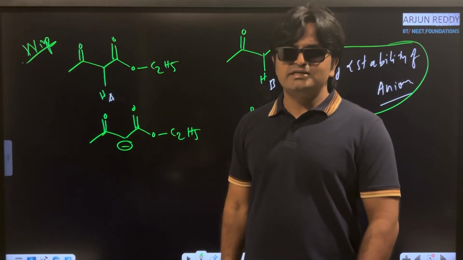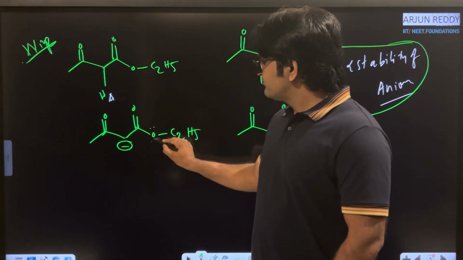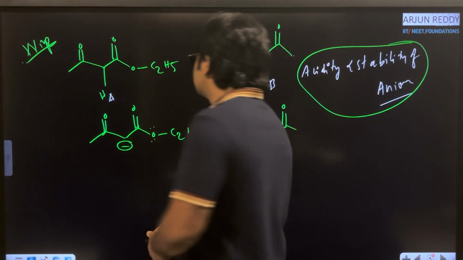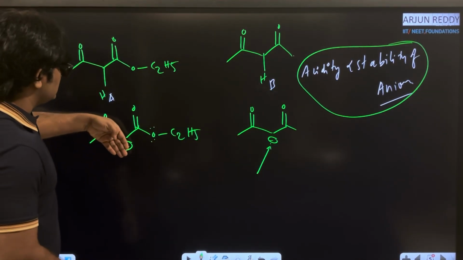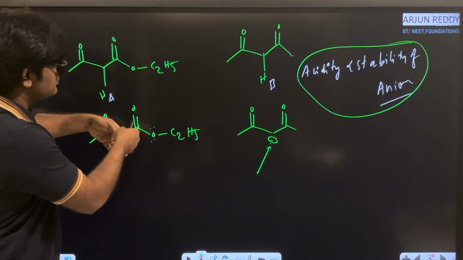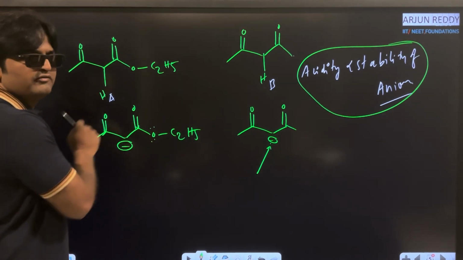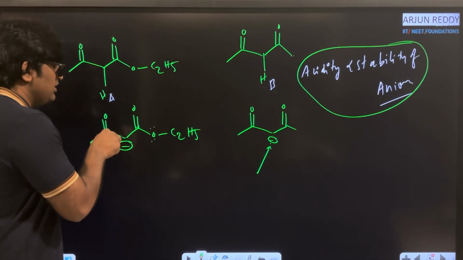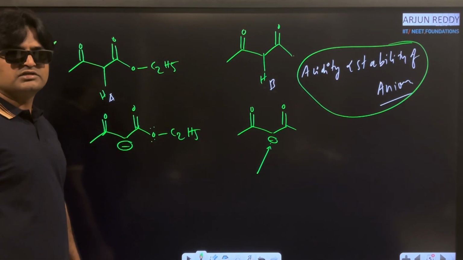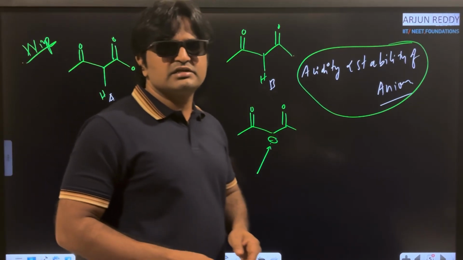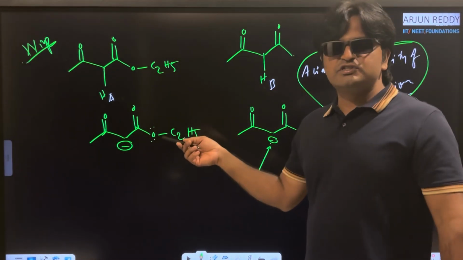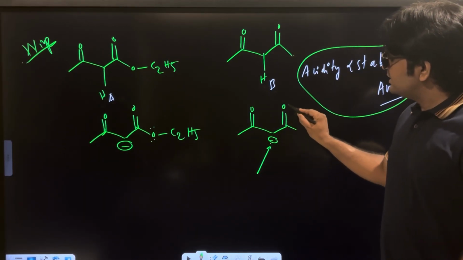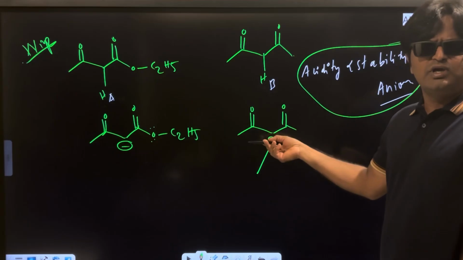But if you ask about the right side carbonyl, here it has 2 lone pairs of electrons. If I close this carbanion, this carbonyl says that I have conjugation with the lone pair of electrons. So where are we expecting greater stability, in the second molecule or in the first molecule? In the second molecule, if this carbanion is asking for resonance with this carbonyl, yes, there is a good conjugation.